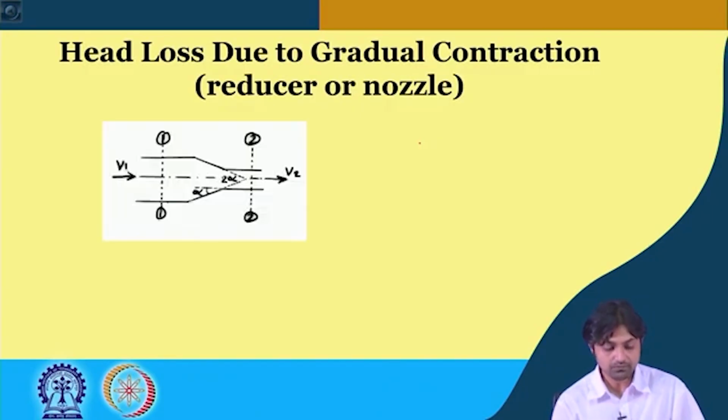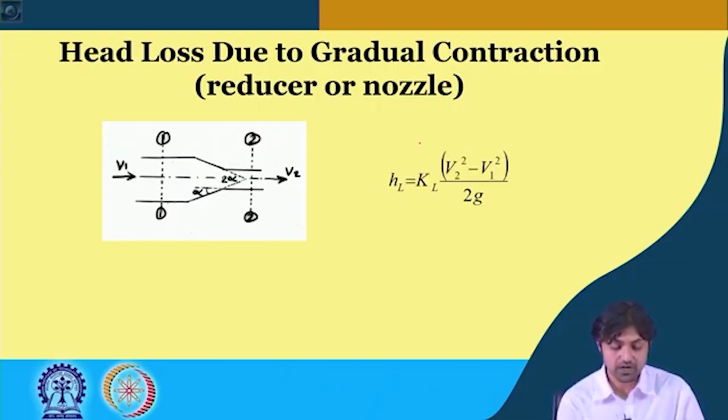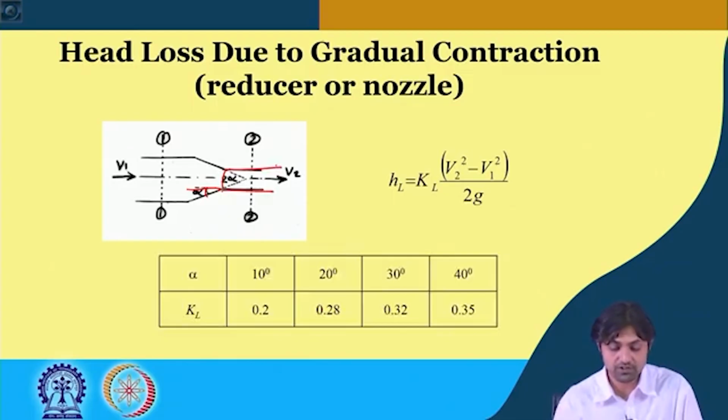Now, in this particular case, head loss due to gradual contraction, we had one equation, and we can also write this in another form where both V2 and V1 could be used. So, KL into V2 square minus V1 square by 2G, in case of contraction like this. You see, this is 2 alpha and this is alpha, and here also for different alpha we have different KLs.